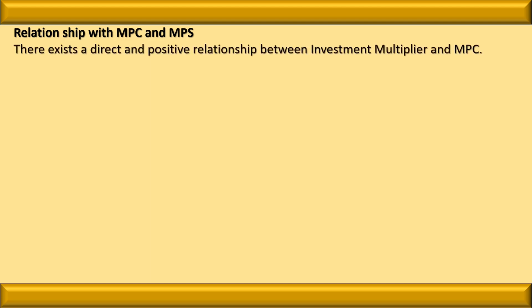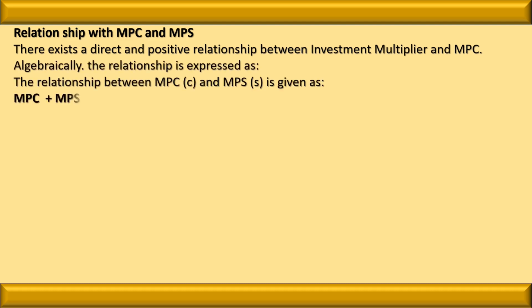Now let us see and discuss the relationship of investment multiplier with MPC and MPS. There exists a direct and positive relationship between investment multiplier and MPC. Algebraically, we know that MPC plus MPS is equal to 1, or we can say that c plus s is equal to 1, or s is equal to 1 minus c.